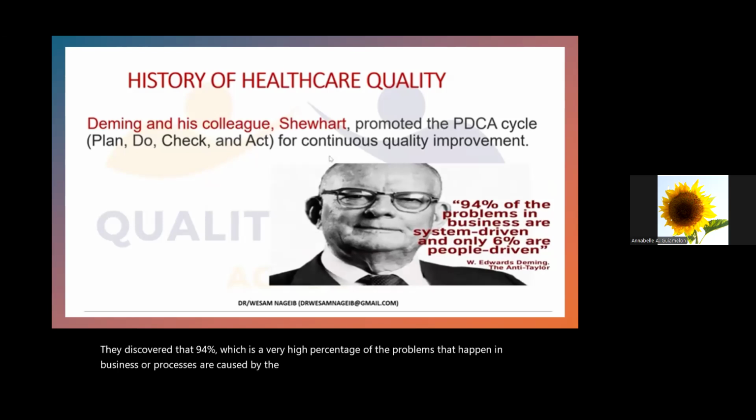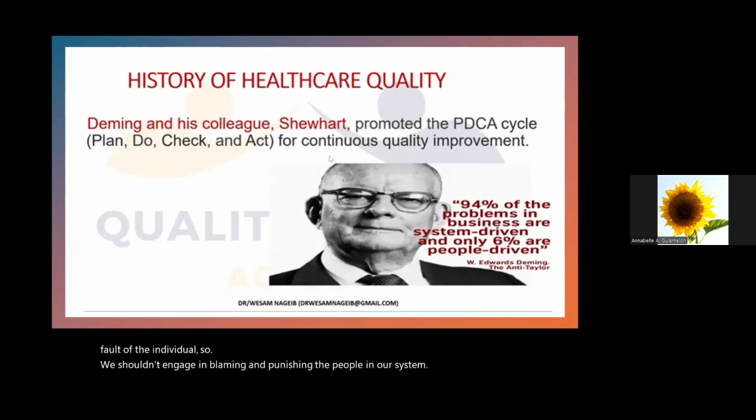The system in place is the problem, not the fault of the individual. So, we shouldn't engage in blaming and punishing the people in our system. Instead, search and investigate the root causes. I will find that the problem lies in me, not having a good system.